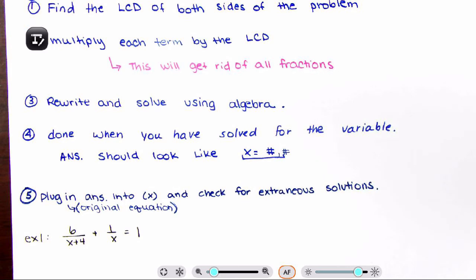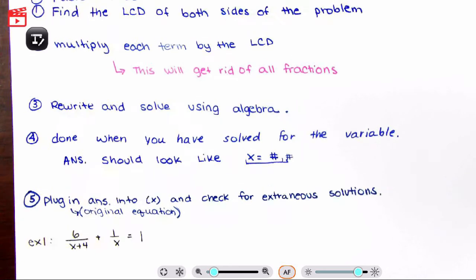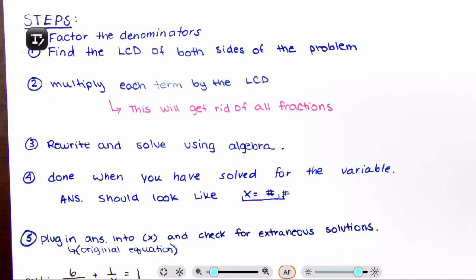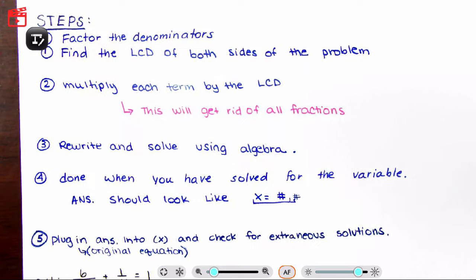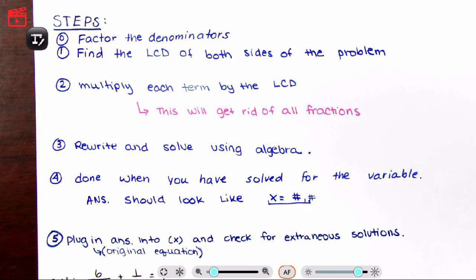So if I solve for 3 and I plug 3 into my original equation and it doesn't give me a true statement, then the answer of 3 is extraneous and it is excluded from my final answer. All right, what I would recommend is that you pause this video and write down all of these steps. While we're doing these examples, maybe there are going to be some changes to these steps, but at least you have them written out before we begin.